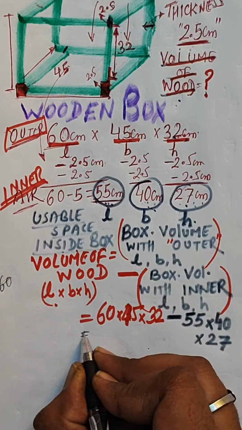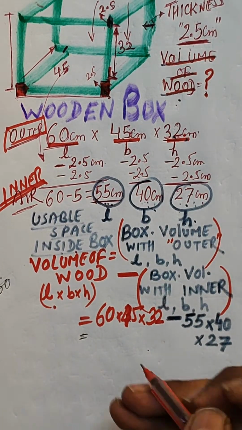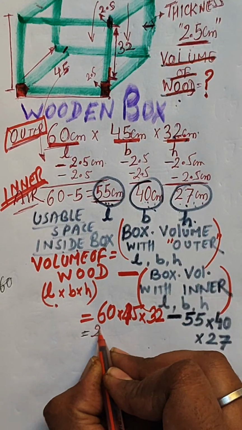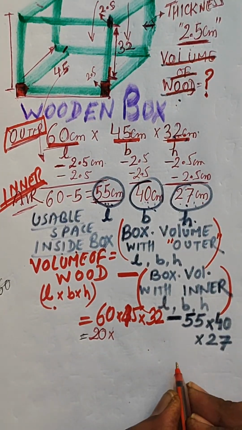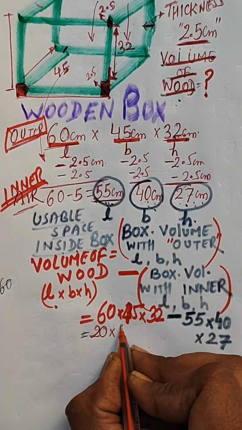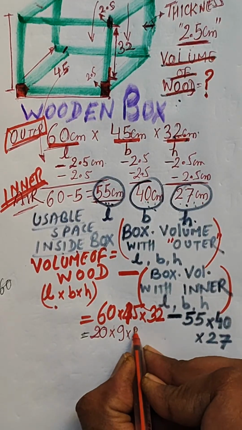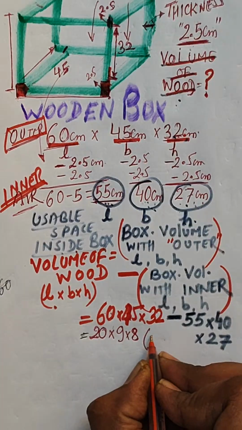So it will be simple. 20 can be taken as common, even 9 and 8, because 20 taken as common from 60, 3 is left.